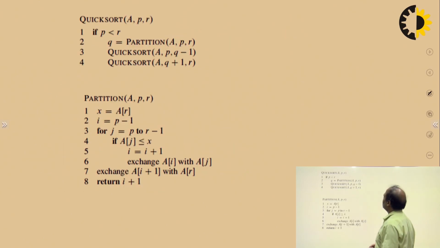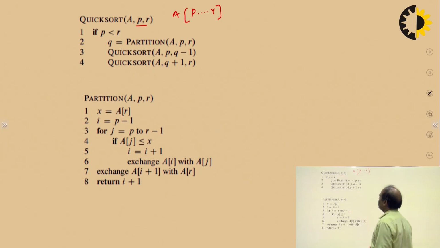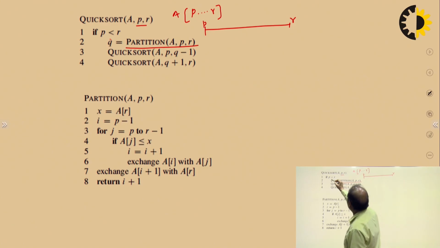In this algorithm, I am assuming the last element as the partitioning element. So let's understand the procedure: quick sort on A, P, R. We are assuming that A is an array, P is the lower bound and R is the upper bound. Assume that Q is the position of the partitioning element.